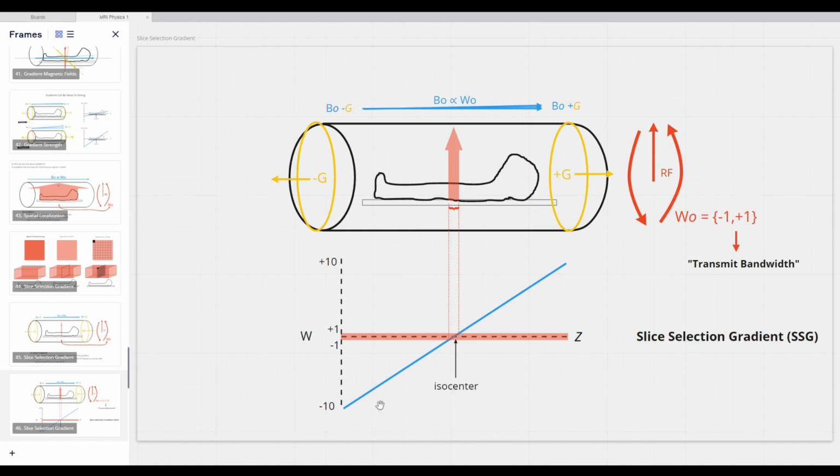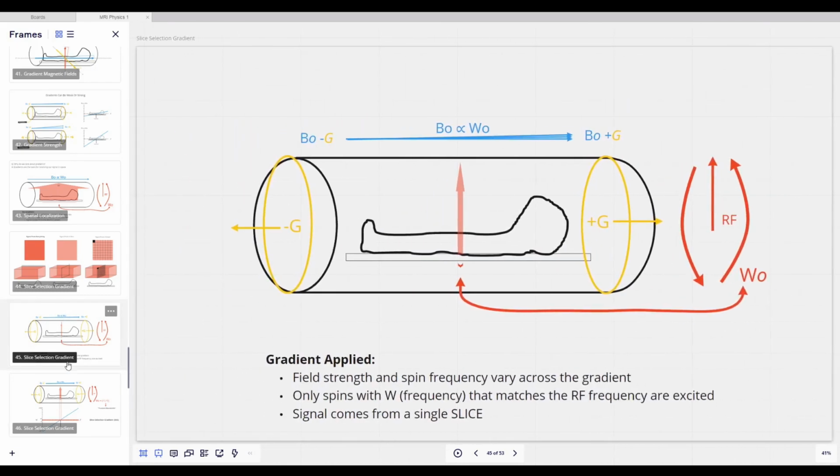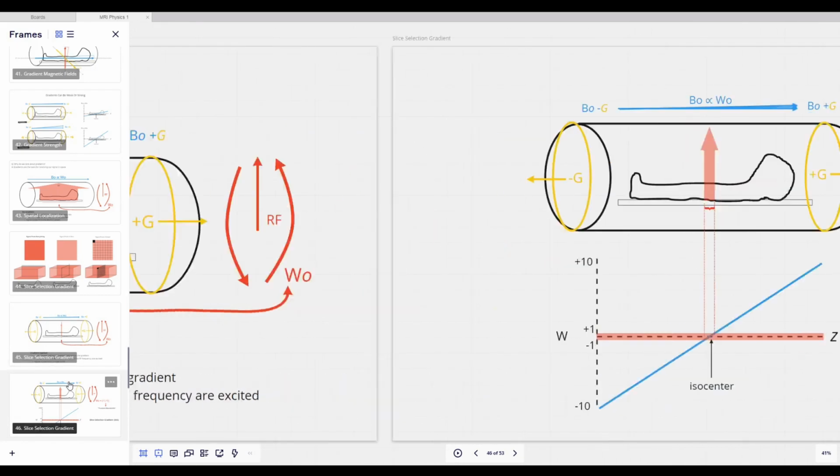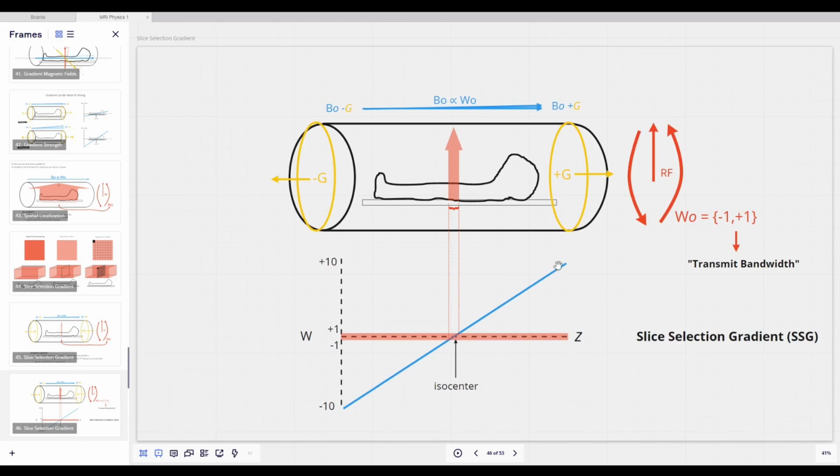So again, this is the same thing that we have diagrammed here, right? I haven't changed anything. All I've done is graph the gradient down here. On our y-axis, we have our frequency. How fast are these things spinning? And we said that this was proportional to the field strength, right?